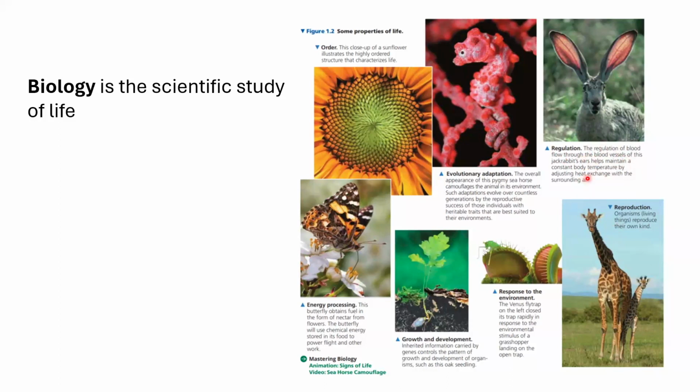The ears have a large surface area and a lot of blood supply running through them. That's part of the temperature regulation of that particular organism, where the large blood supply allows it to exchange heat with the environment, more specifically with the surrounding air, as it says in the description.